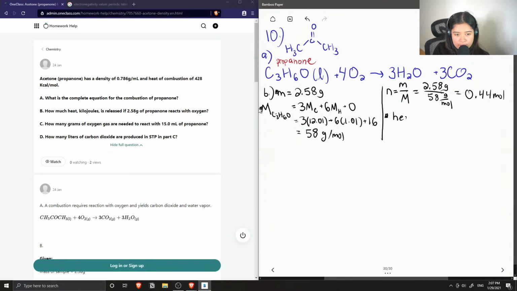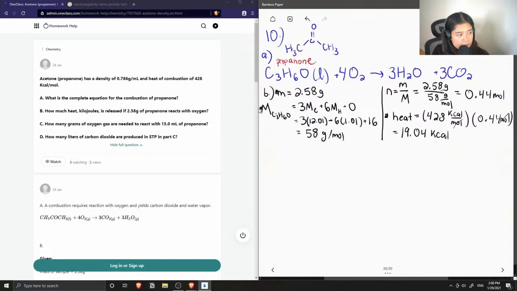So I can say that heat is equal to 428 kilocalories per mole. And we just need to multiply this by our number of moles. And the moles will cancel out. And we get heat equal to 19.04 kilocalories.